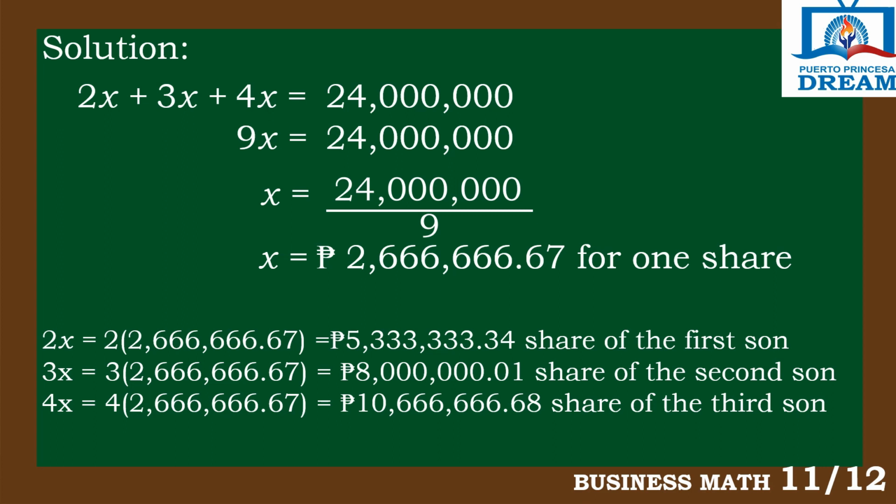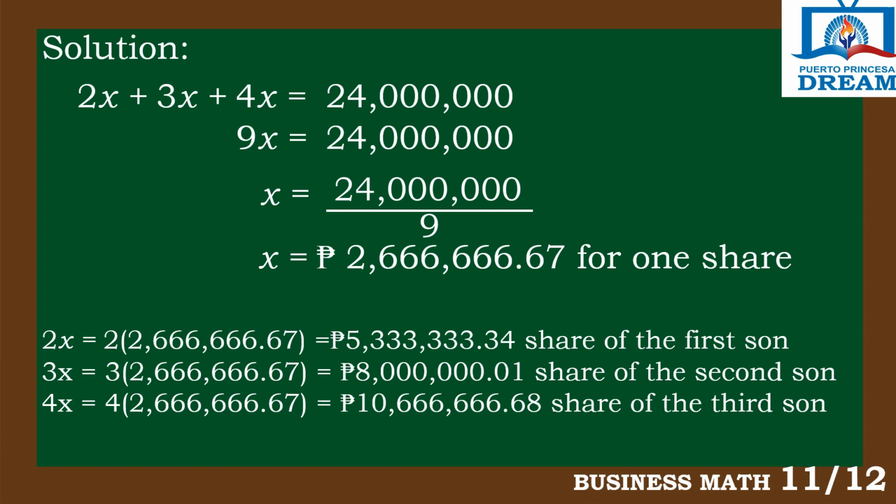That is, 2x equals 2 times 2,666,666.67. The result will be 5,333,333.34, the share of the first son. 3x is equal to 3 times 2,666,666.67. It will give us 8,000,001, the share of the second son.